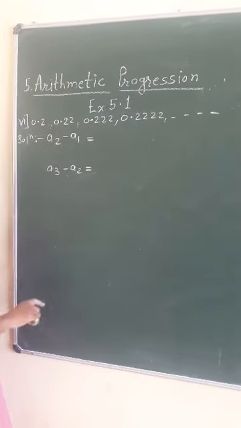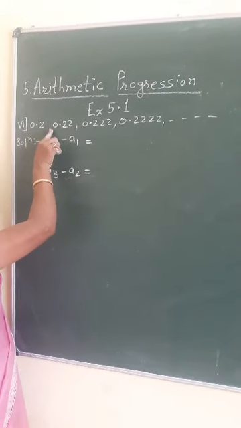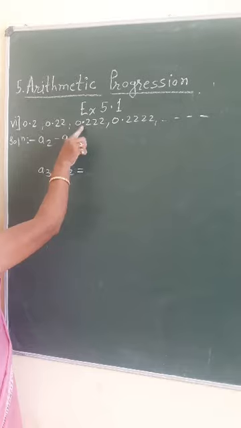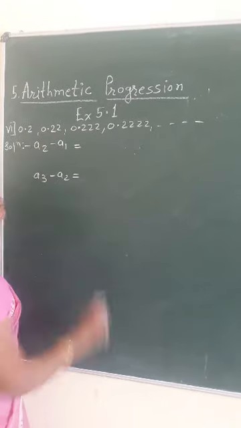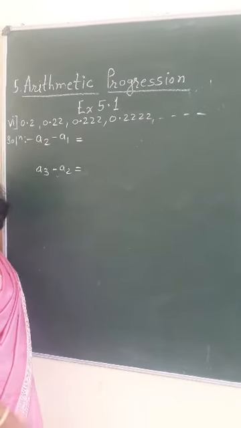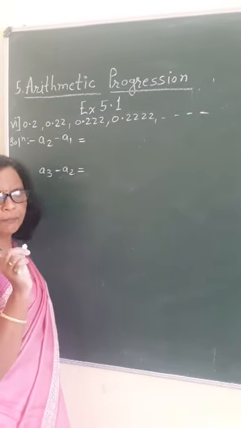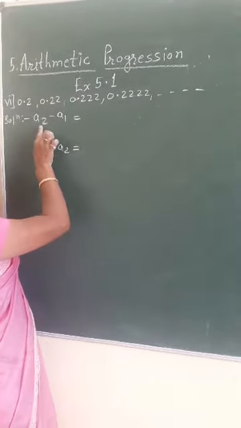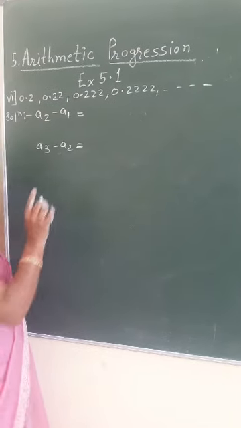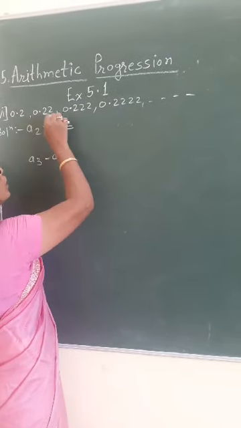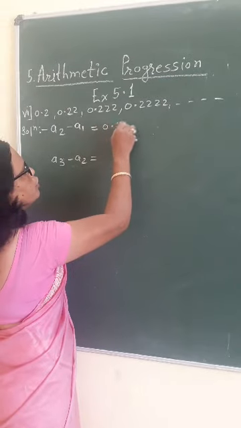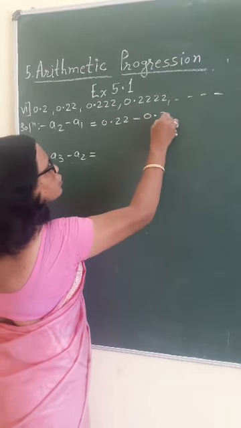Now sixth problem. First term 0.2, second term 0.22, third term 0.222, then fourth term 0.2222. We have to check whether this sequence forms an AP or not. Obviously, we first find A2 minus A1, that is D. The second term is 0.22 minus 0.2.